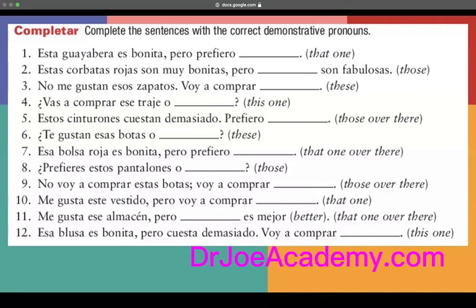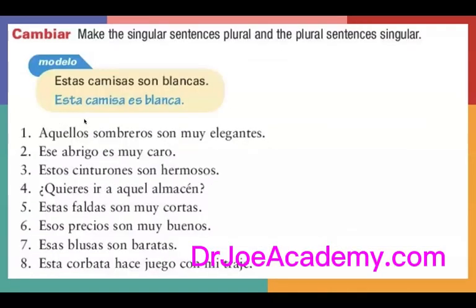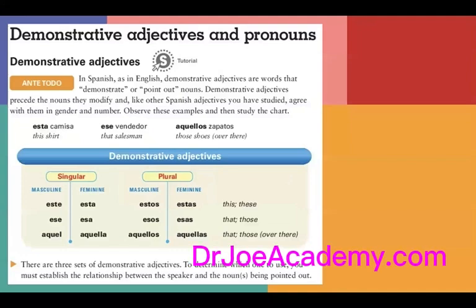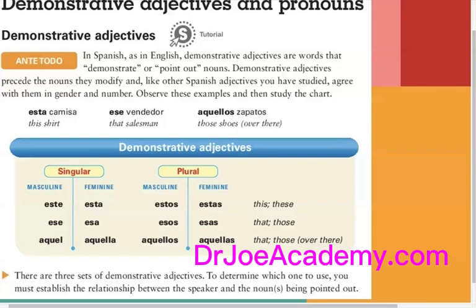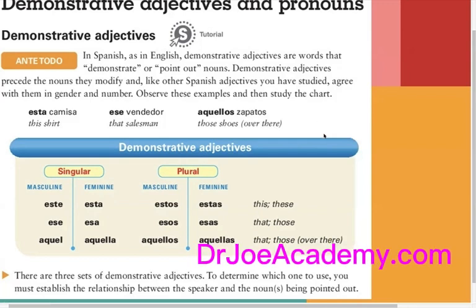So let's do this one together. From this chart that you see over here, how do you say this one? This is a chart you should be looking at in your notes. So if you want to say this, what do we say?